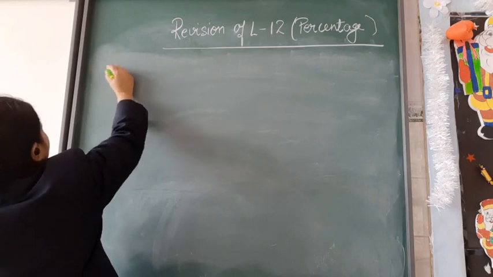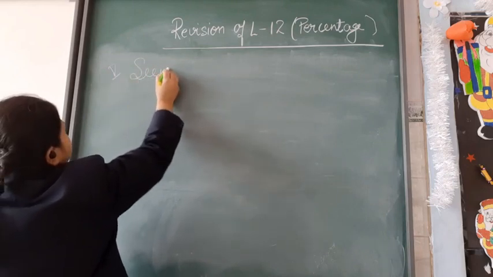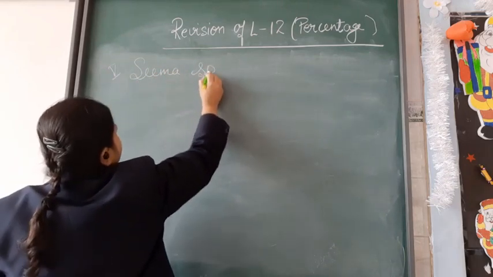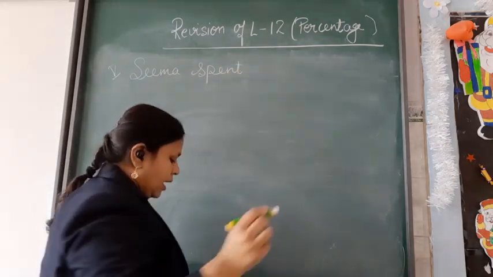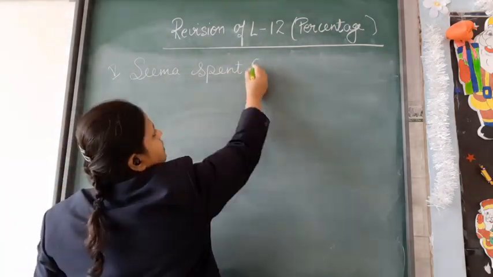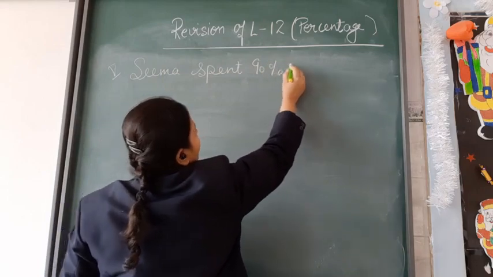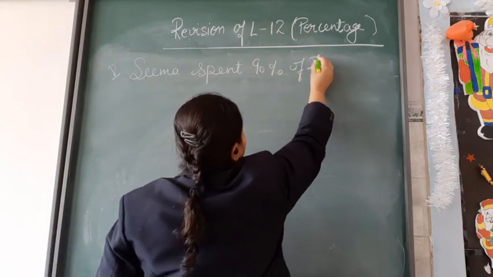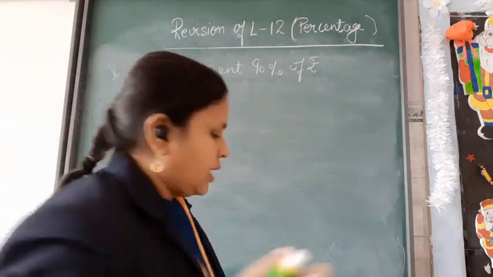Let us see. Seema spent 90% of rupees 560 on a dress.